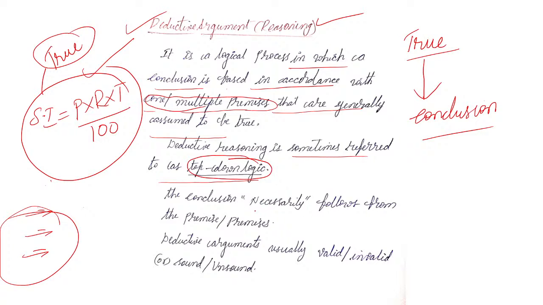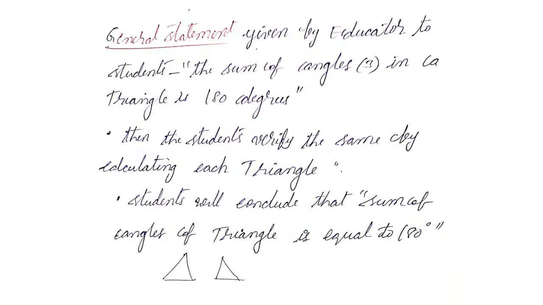The conclusion necessarily follows from the premises. In deductive reasoning, the conclusion necessarily follows from the premises. Deductive arguments are valid or invalid, sound or unsound. Suppose an educator gives students a general statement: the sum of angles in a triangle is 180 degrees.